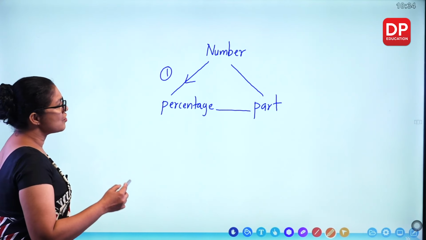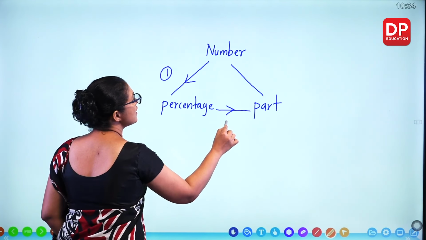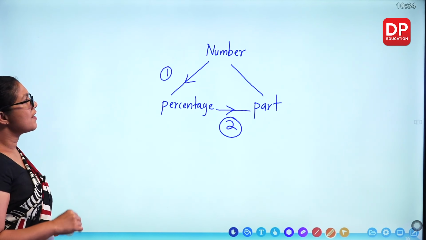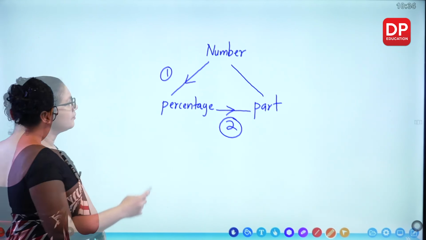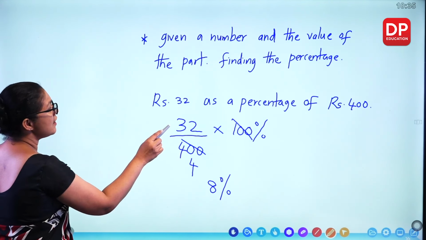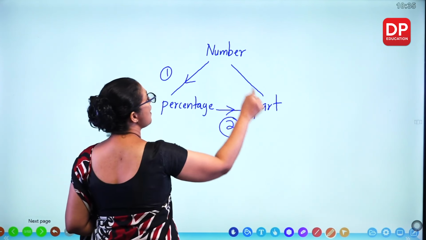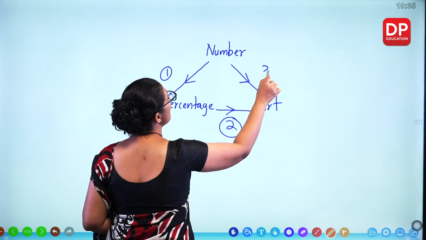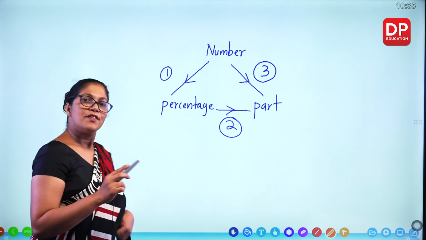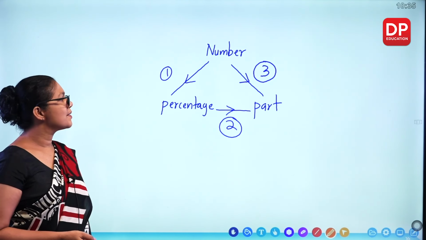In the second question, percentage and the part are given. This is the second way of getting percentages. And in the third part, you have the part and the number given, and you can find out the percentage value. So these are the three types of questions you can get in percentages.